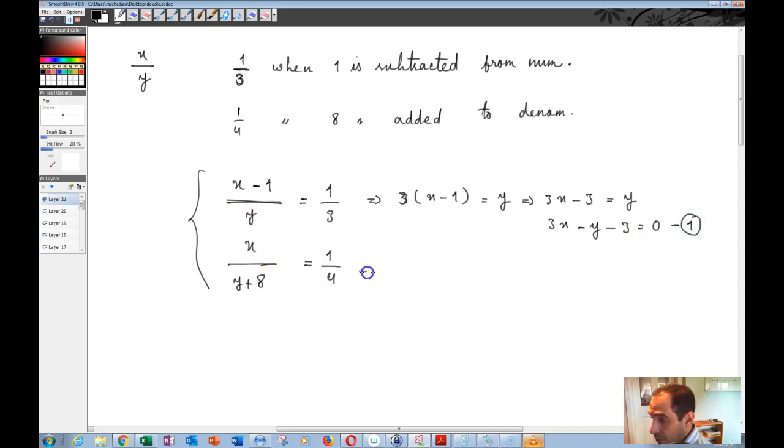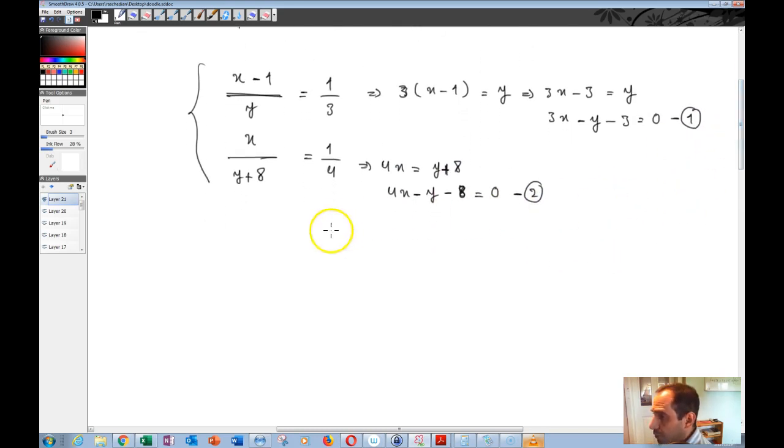And here again you can cross multiply, you get 4x is equal to y plus 8, and 4x minus y minus 8 is equal to 0. I call this equation number 2. So I can write both equations over here: 3x minus y minus 3 is equal to 0, number 1, and 4x minus y minus 8 is equal to 0, number 2.